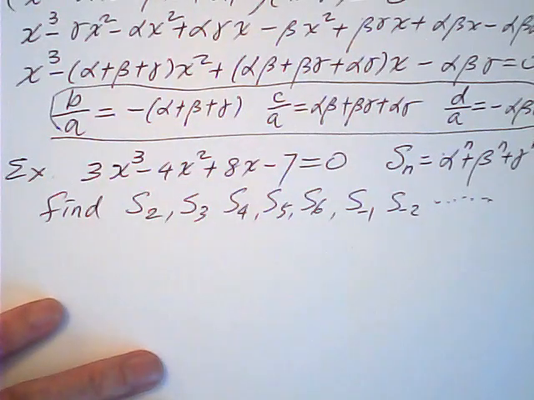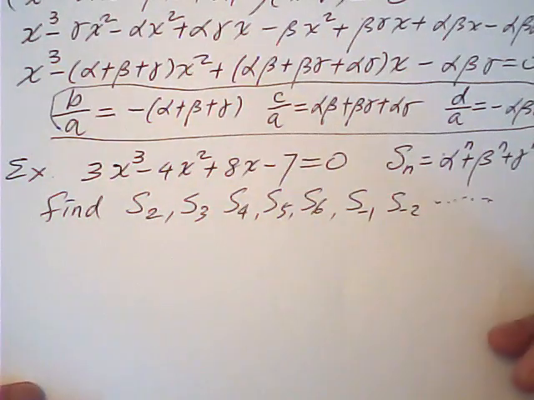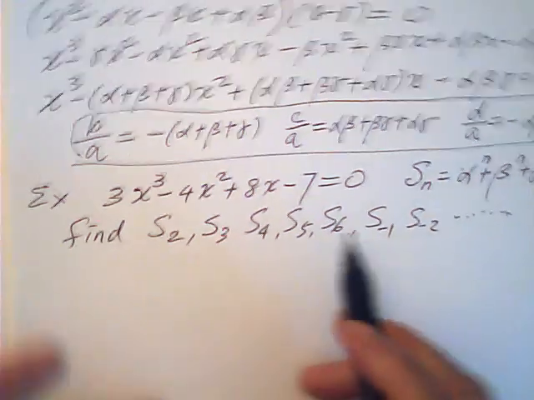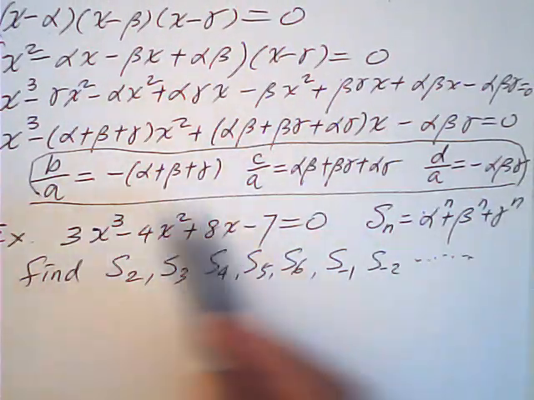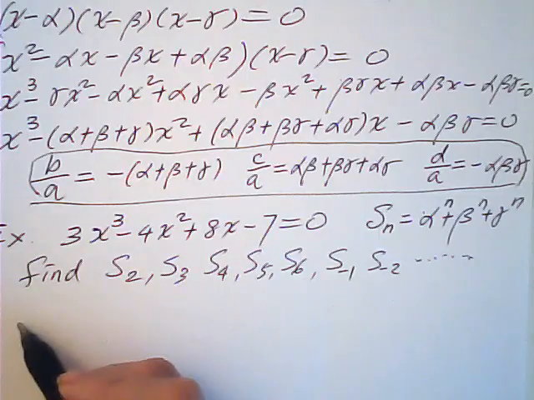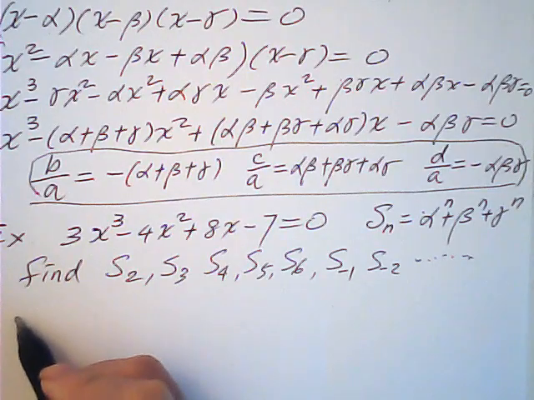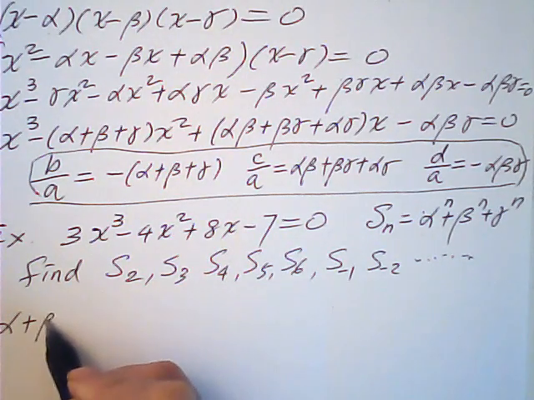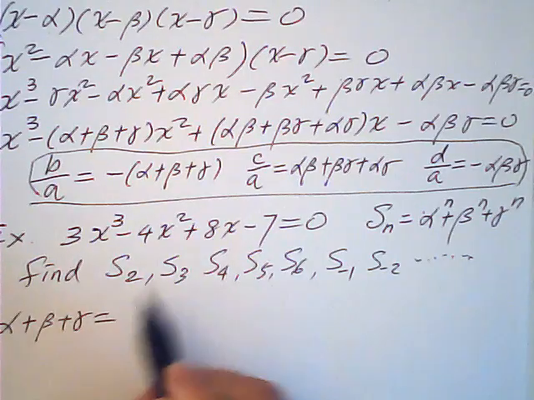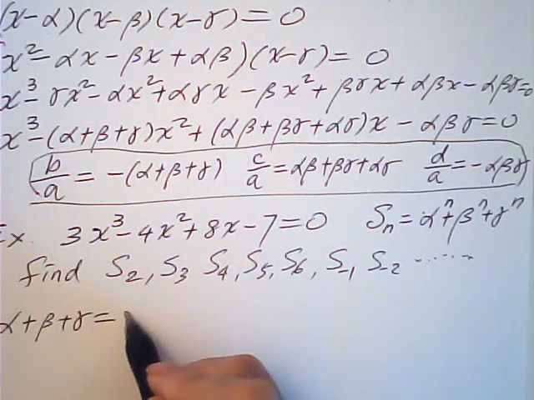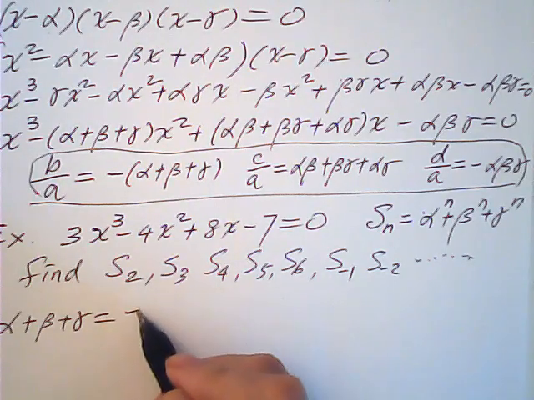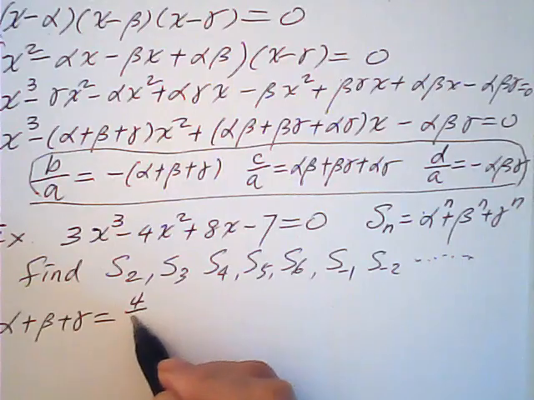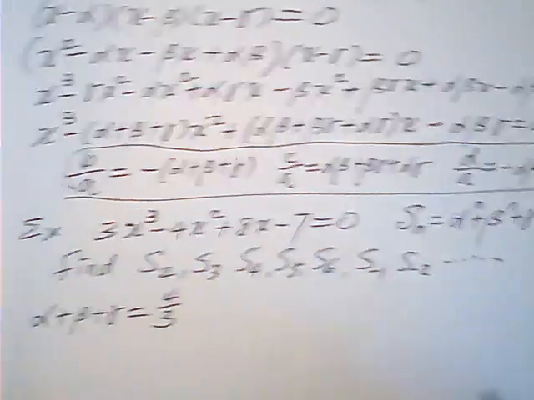Well, according to the relation, we know that alpha plus beta plus gamma is equal to 4 over 3.